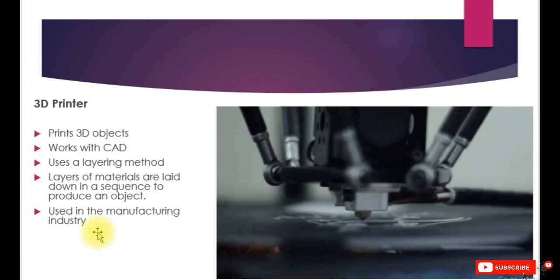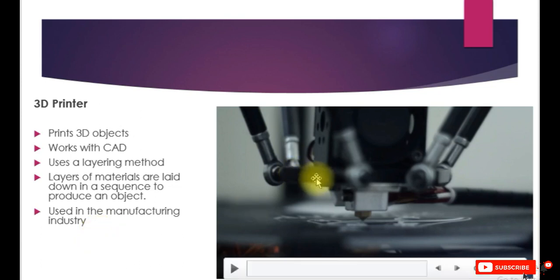Then we have 3D printers, and 3D printers are relatively new technology. It's a revolution in the printing industry and in the computing and technology industry, in terms of how the printing takes place. A 3D printer is actually used to print 3D objects. So you have physical objects now being created, and this is typically used in the manufacturing industry.